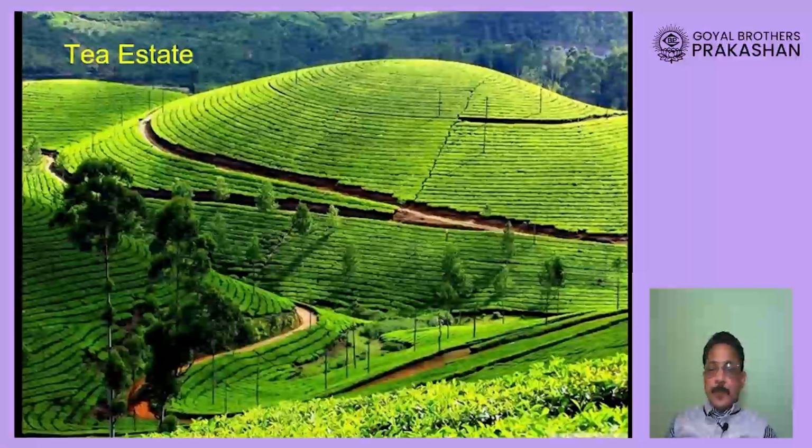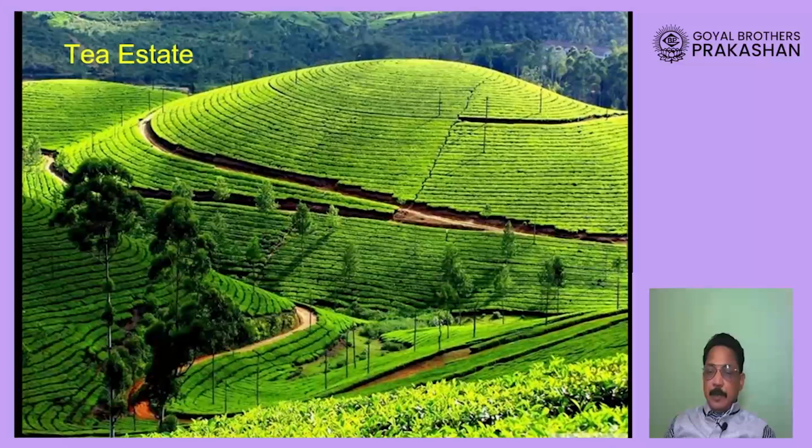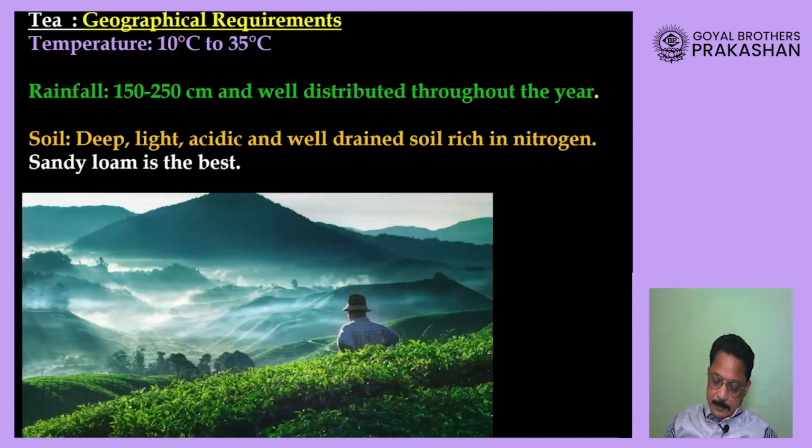Now, the place, dear student, where this tea crop is grown requires a very huge farm, and they are called tea estates. Now, the geographical requirements: this crop needs a temperature of 10 to 35 degrees Celsius.